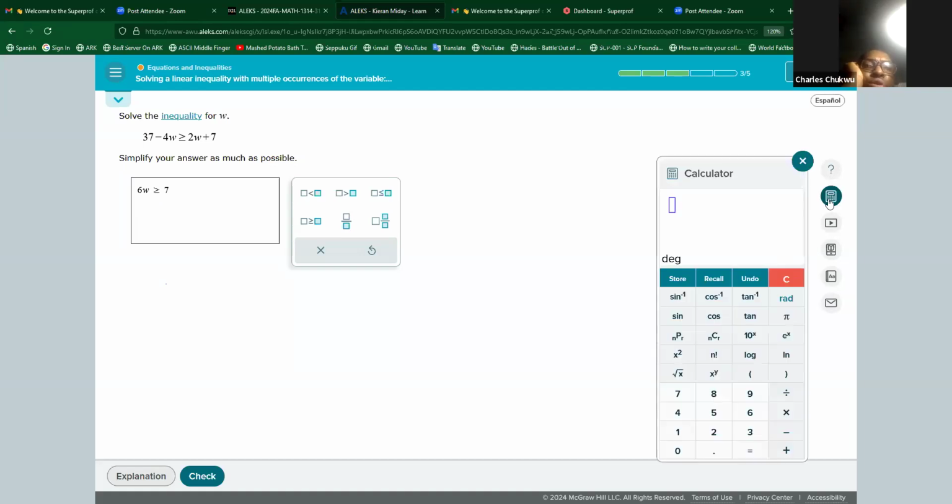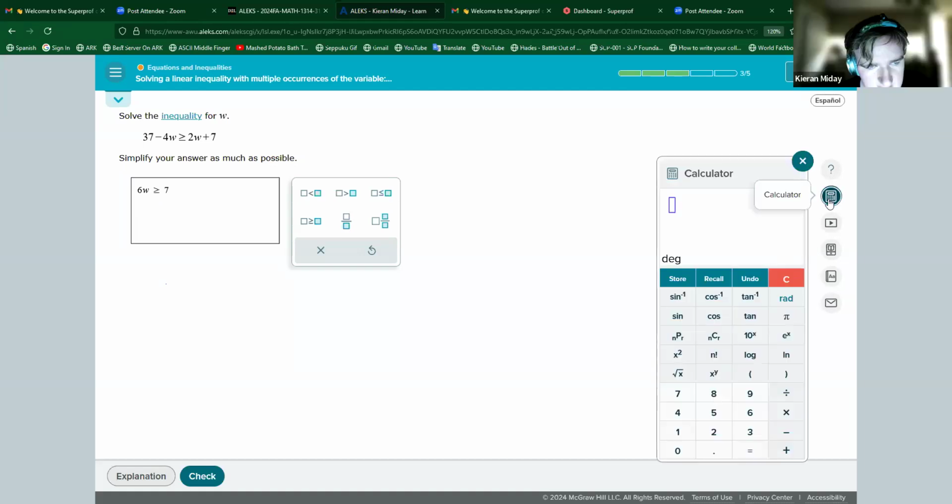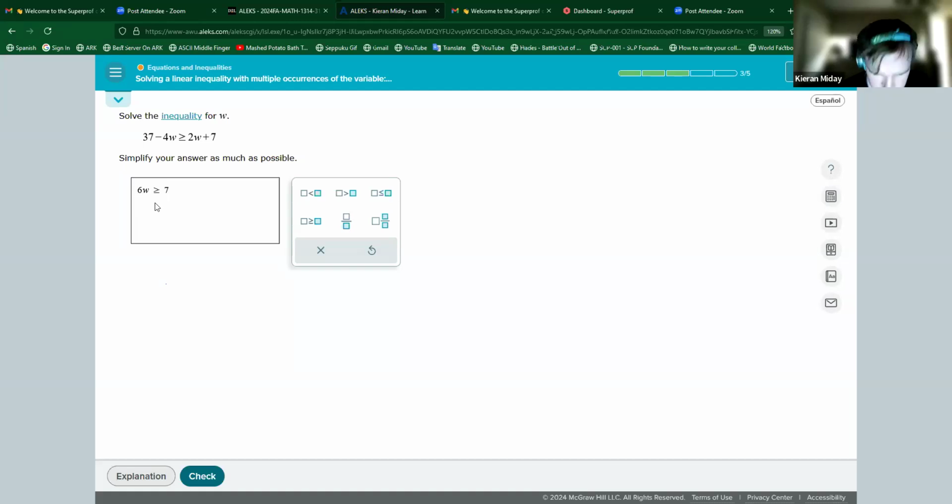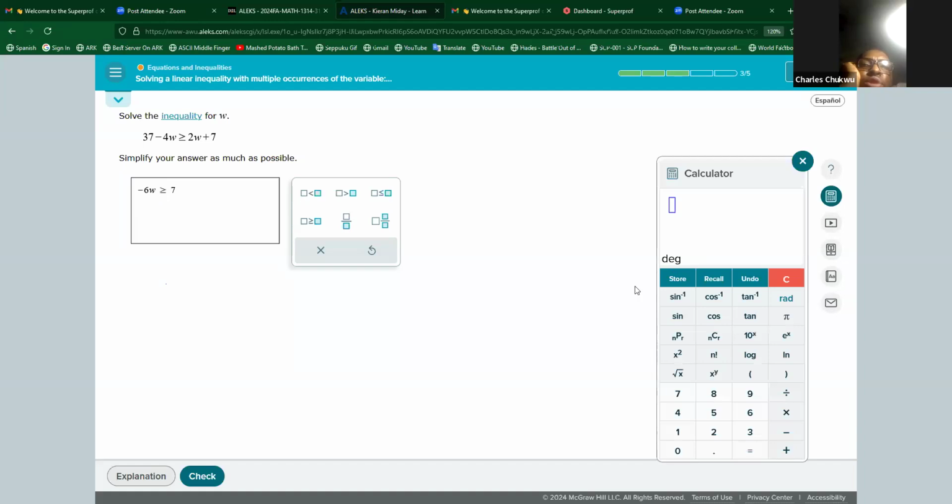Negative 6W. Yes. So 7, you're not done. We're subtracting 37. 7 minus 37 will give us what?